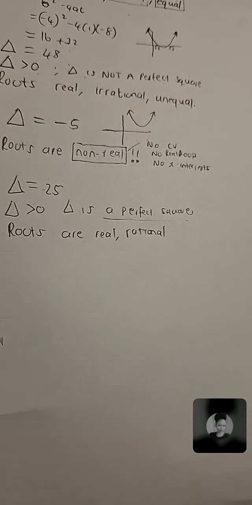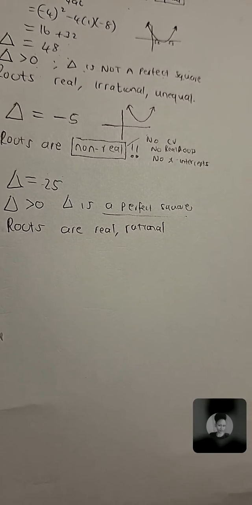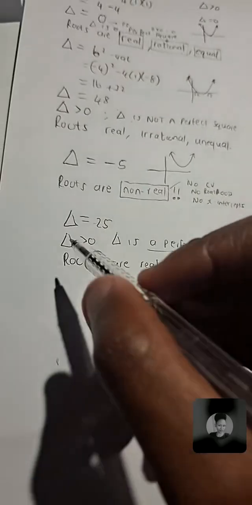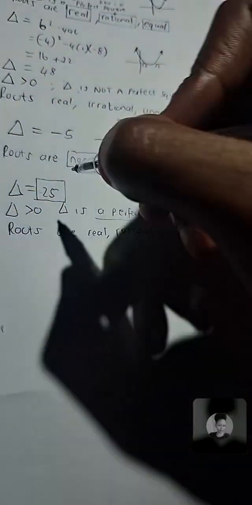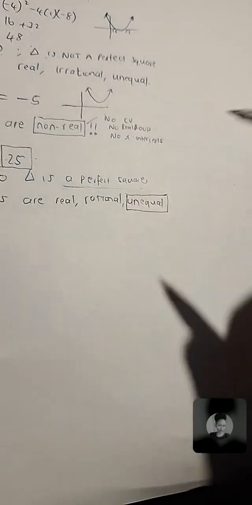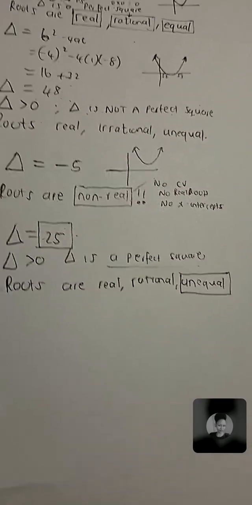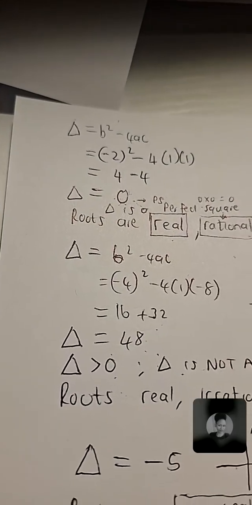And then lastly, are the roots equal or unequal? The roots are equal. No. They are unequal. Remember, guys, if delta is not 0, that always implies roots are unequal. The only time the roots are equal is when delta is equal to 0.